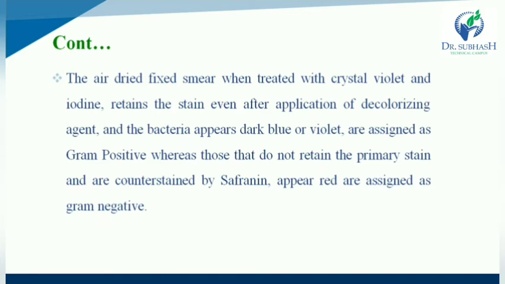But the crystal violet stain is retained as it is on the glass slide even after application of the decolorizing agent, and bacteria appear dark blue or violet, which are called gram positive bacteria.